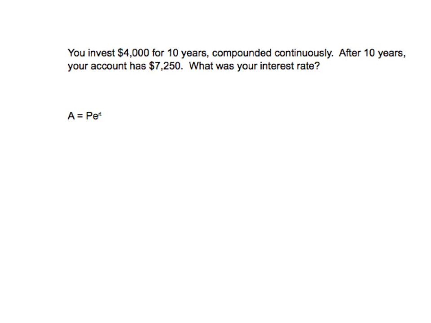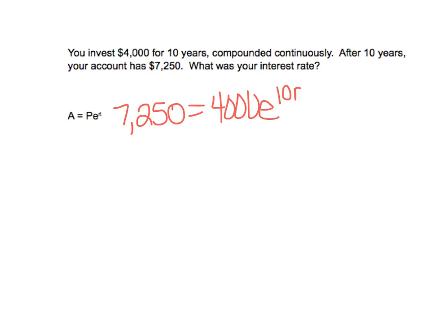So if we look at our formula, A equals P times e to the rt, the amount we ended up with was $7,250. The principal, P, that we originally put in was $4,000. e to the r, we don't know what the rate is, but the time is 10, so we'd have 10r.